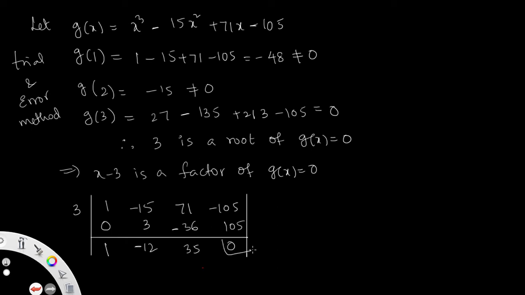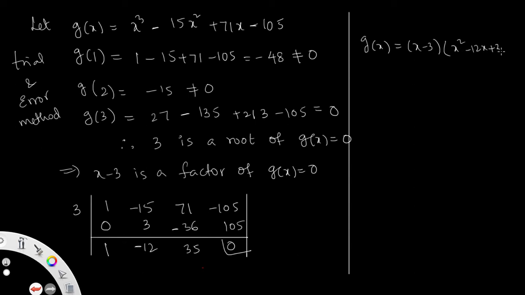Therefore g of x is given by the coefficients as the x square quotient, the x quotient and the constant. Since x minus 3 is a factor, g of x equals x minus 3 into x square minus 12x plus 35, which is a quadratic equation.